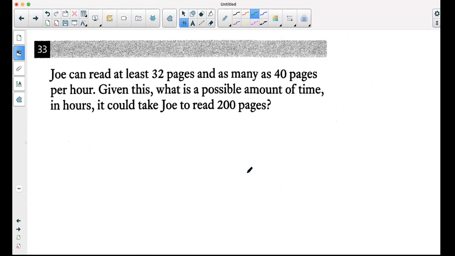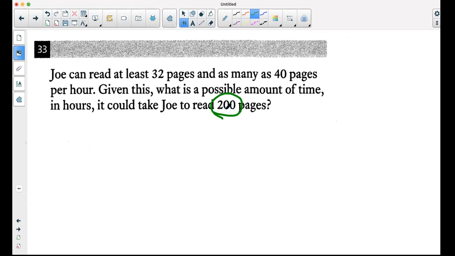So Joe can read 32 to 40 pages. Given this, what is a possible amount of time in hours it could take Joe to read 200 pages, right? 200 pages.